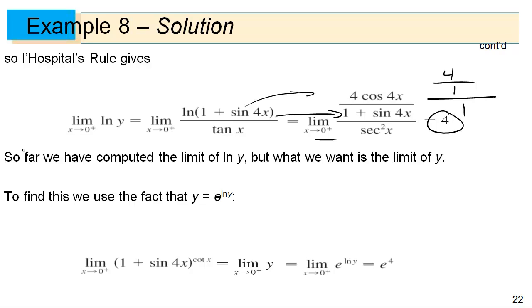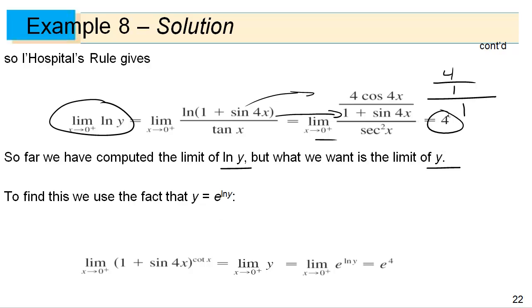But remember, we've computed the limit of the natural log of y. But we wanted to know what the limit of y was, right? This answer was the limit of natural log of y. To find what y is, we have to realize that y equals e to the natural log of y.